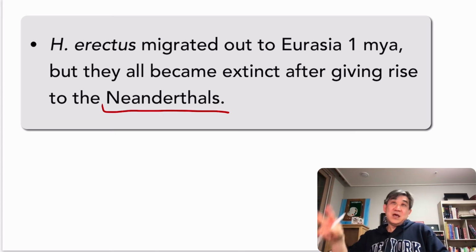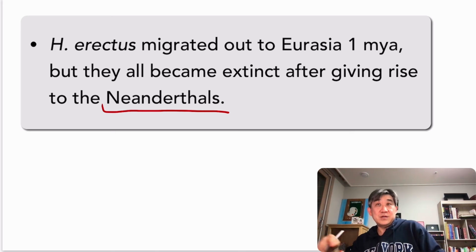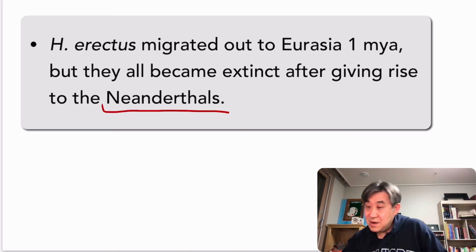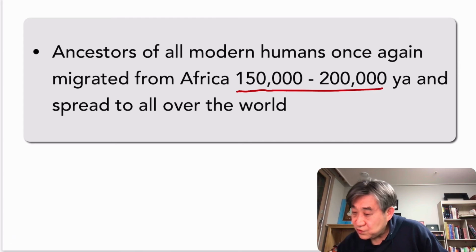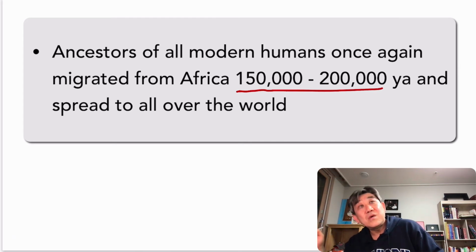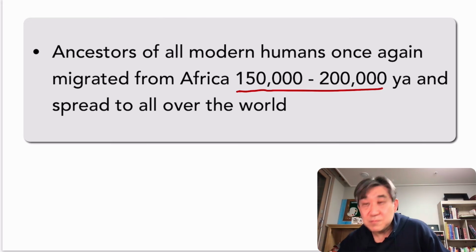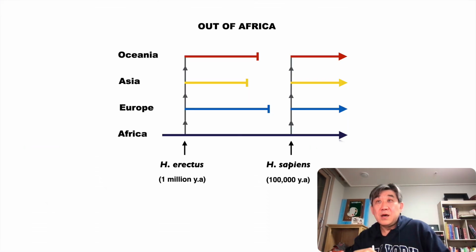Then there was a second event of such migration more recently, about 150 to 200,000 years ago. Another group of modern humans also migrated from Africa, and this timeline represents another such event.